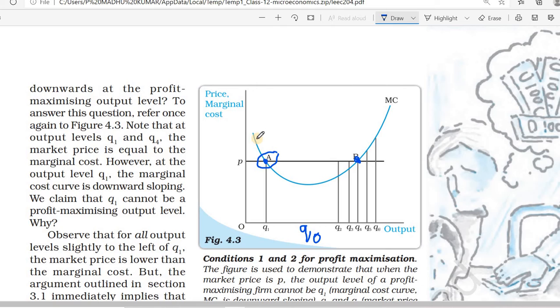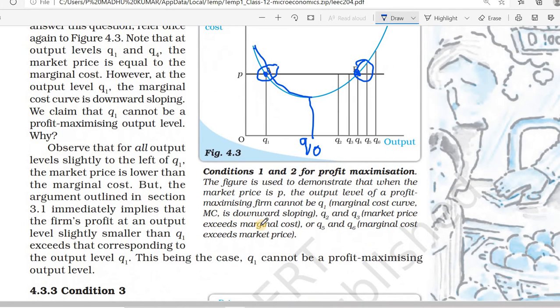It should be non-decreasing, meaning MC should be increasing. Here it is decreasing. From this point only it is increasing. For that reason, at this point where MC equals P, only here can profit be maximized.